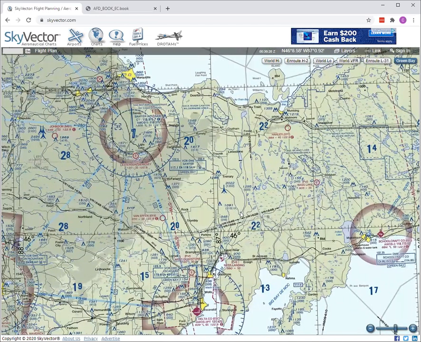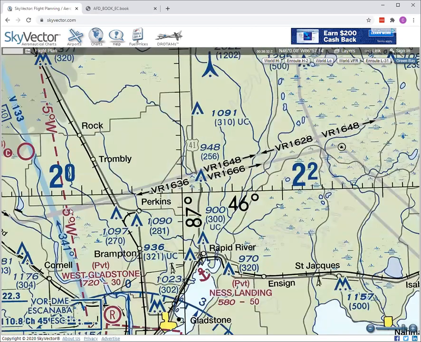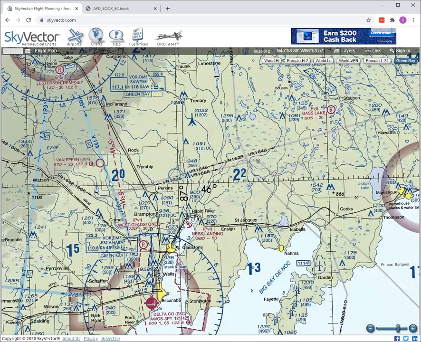But just know that those do exist and that you don't want to be on those for too long. If you're at a low level when they're active, you will be run up on by jets. So that's just something to keep in mind. The gray lines are the military training routes.